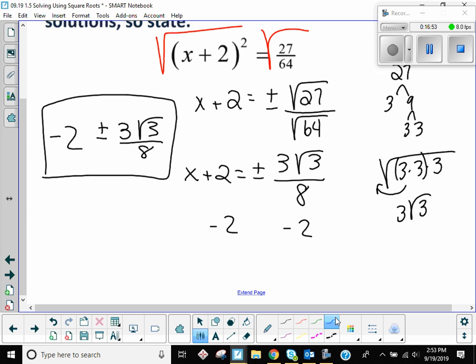You would need to have negative 2 with a common denominator, which would be negative 16 over 8, right? Because I need a denominator of 8. And then you just combine the numerators like this. Okay, so that's what it would look like as one fraction, if you really needed to do that for yourself.